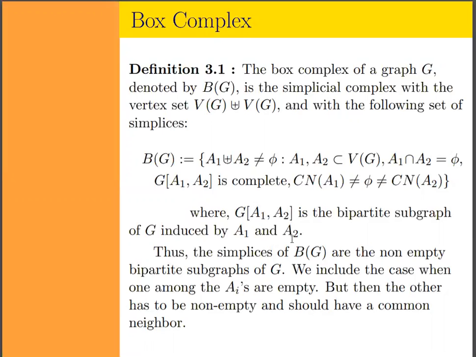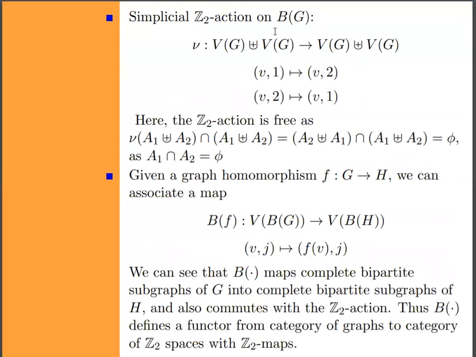Okay. So now we define the simplicial Z2 action on B of G. The Z2 action is just given by interchanging the corresponding vertices on these two copies. So v1 goes to v2 and v2 goes to v1. Now we can see that this Z2 action is free, because if nu of x is equal to x, then that just means that nu of s intersection s is non-empty, where s is the simplex containing that point x.